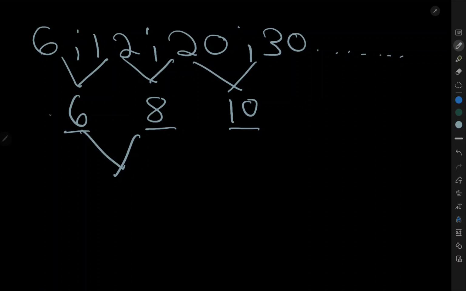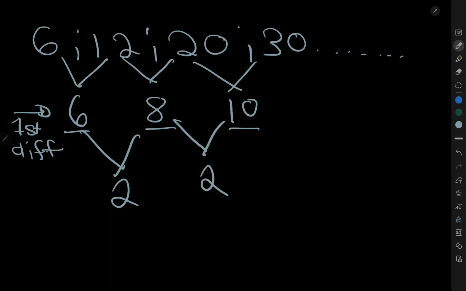Now that we've determined the first difference, I'll just say the first diff, we always look for what we call a second difference. The second difference is key for us to be able to determine the general formula for this type of pattern. The difference between 6 and 8 is 2, and the difference between 8 and 10 is also 2.